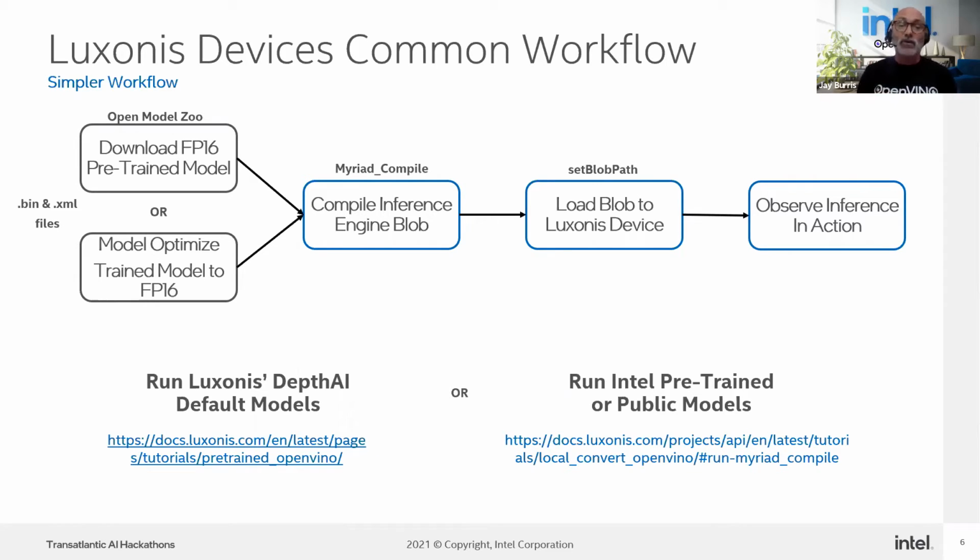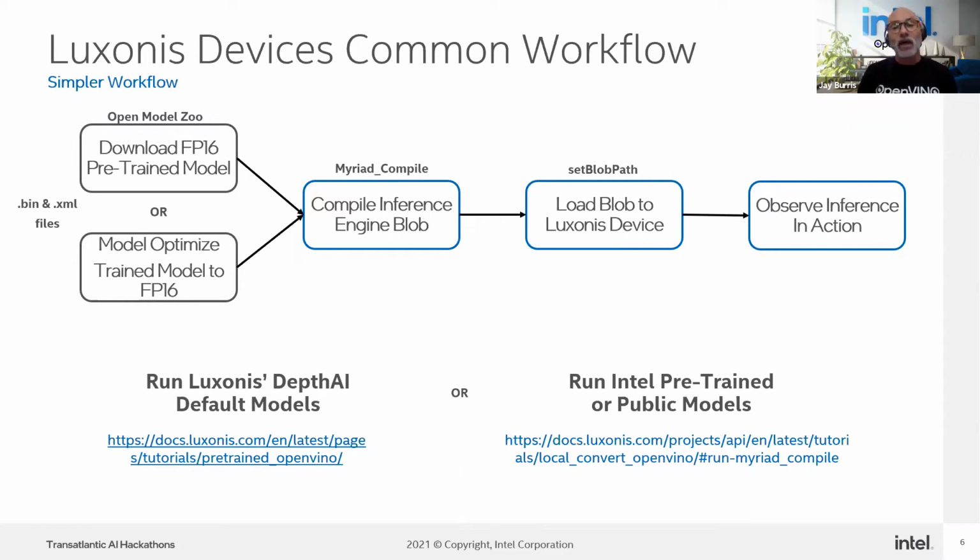Or you can optimize your own model. If you train a model somewhere else, in another cloud service or on your own local host PC, you can use the Model Optimizer from OpenVINO, which outputs the intermediate representation, a .bin and a .xml. You use the Myriad compile capability within OpenVINO, and you can do this in the DevCloud, or locally when you download and install OpenVINO on your laptop, to create and compile that inference engine blob.